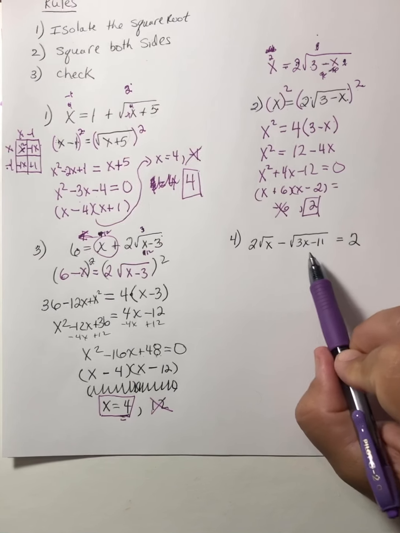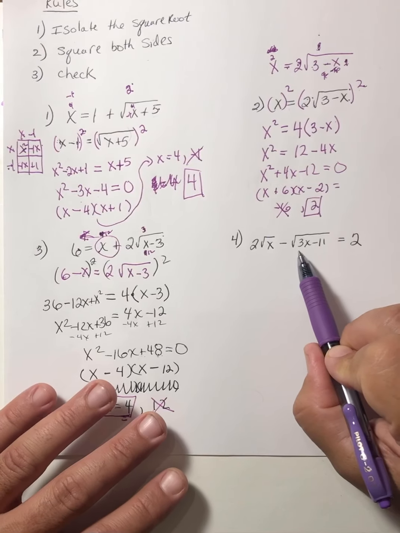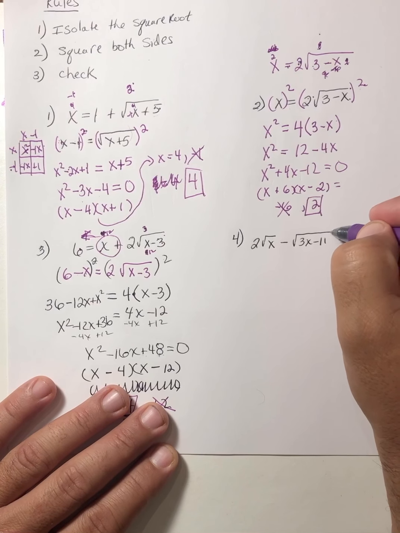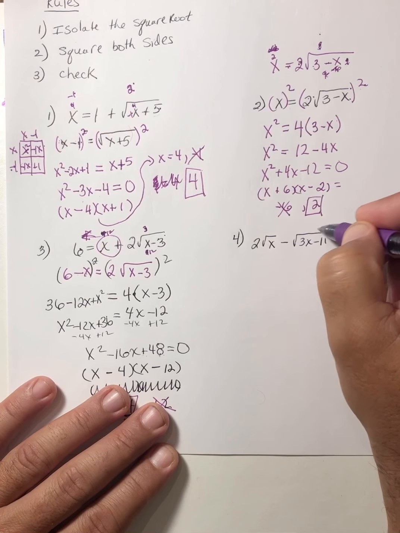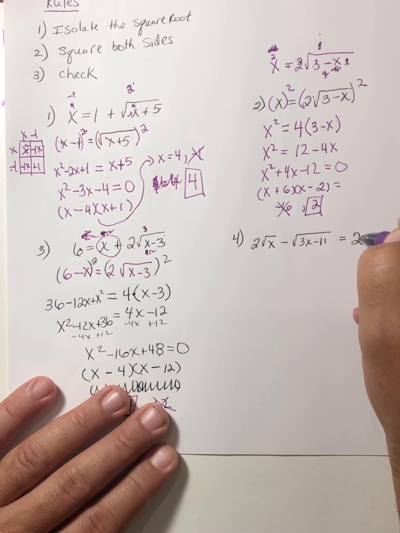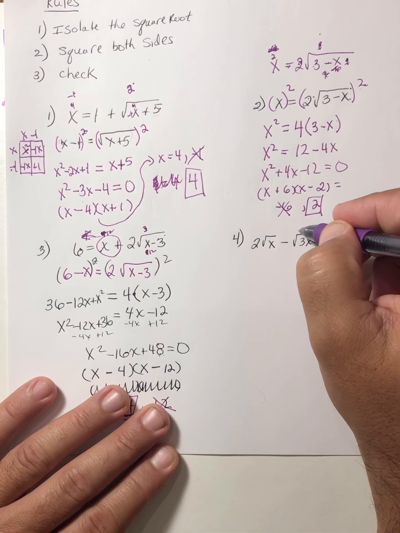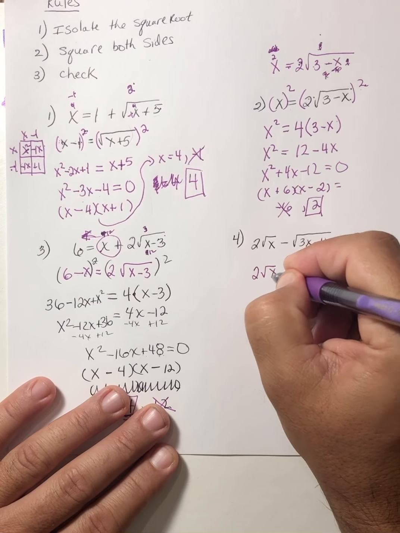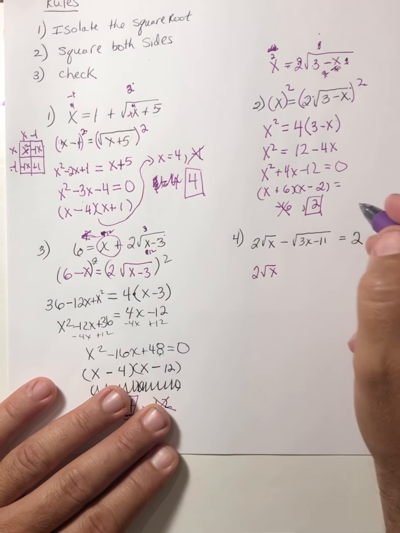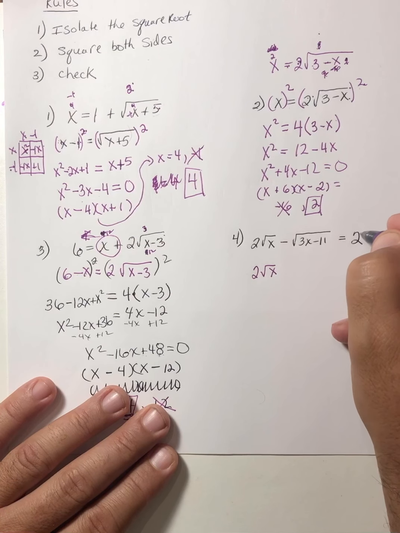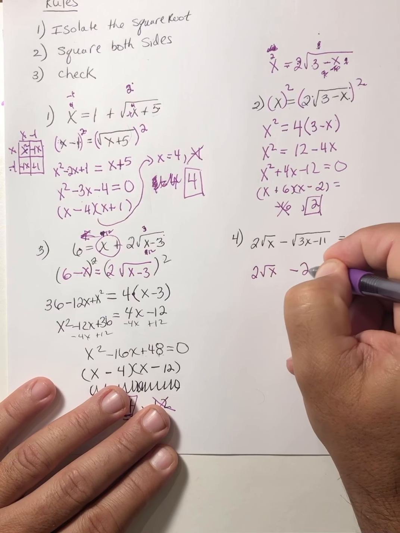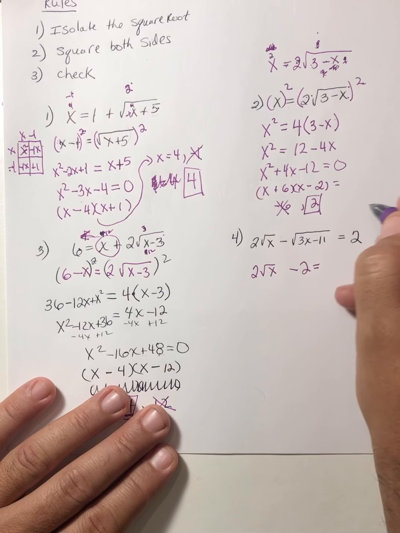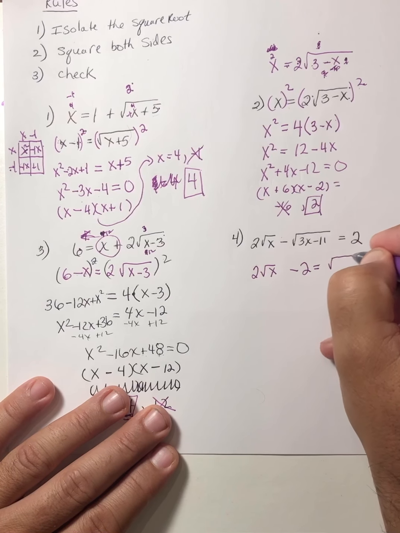When I get this one all by itself, I'm going to take this, move it to the right, and I'm going to take the positive 2 and move it to the left. So it's going to look like this. 2 radical x. I'm going to do this all in one step. I'm going to take the positive 2, move it to the left, so it makes it a negative 2, equals. I'm going to take this negative quantity and move it to the right, so it makes it a positive.